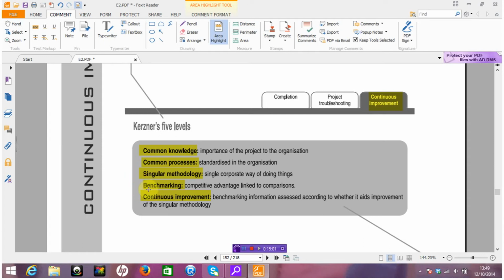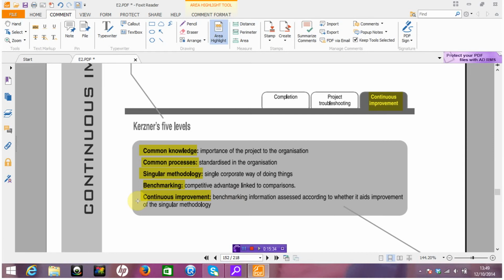We look up to benchmarking. Really, we're looking at project management, and indeed at our competitors and how they undertake projects. What we're saying here is that we're upping our game. We're seeing project management as a core strategic function, and therefore very important for our competitive advantage vis-a-vis our competitors.